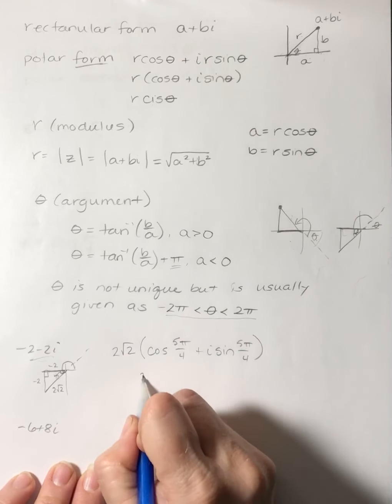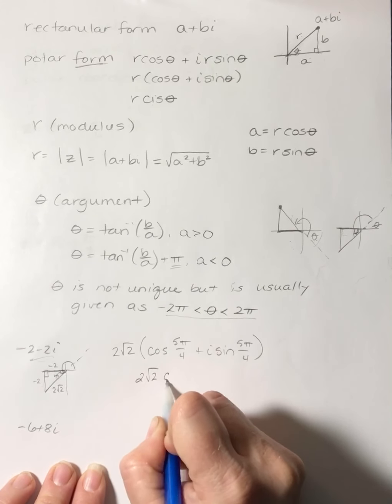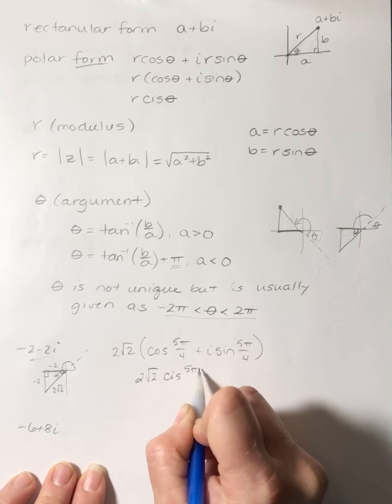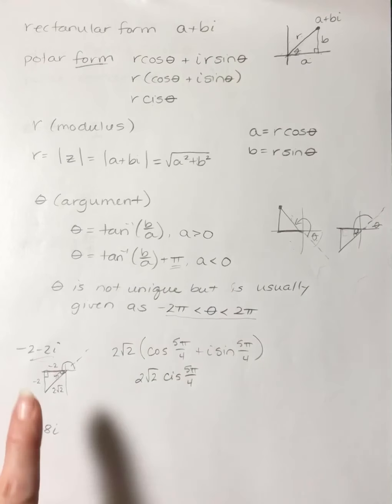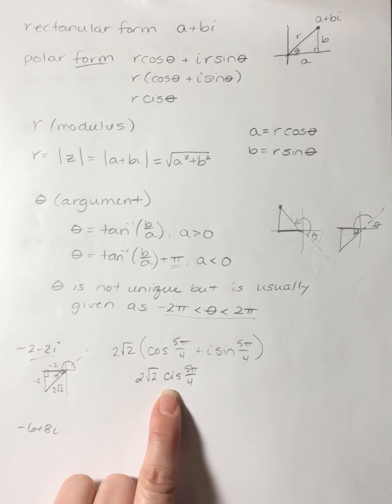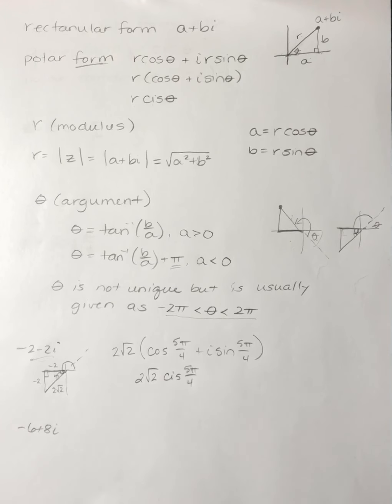Or abbreviated version is 2 square root of 2 cis 5 pi fourths. Rectangular form, polar form, not a polar coordinate, polar form. Okay. If they tell you to round in the book, you can round if you need to. But there are going to be some that are exact. There are going to be some that are not exact. Okay. And that's something that you can figure out.